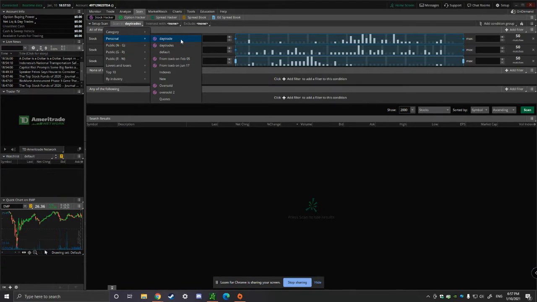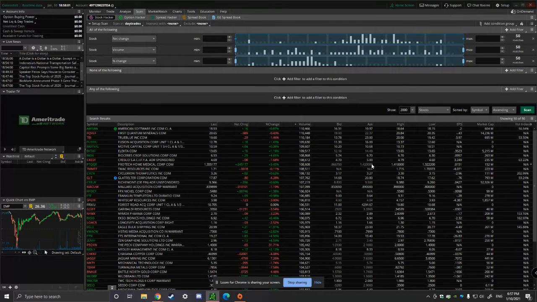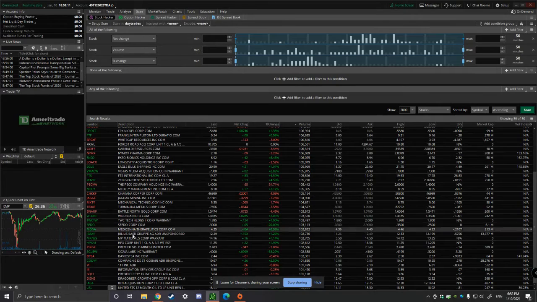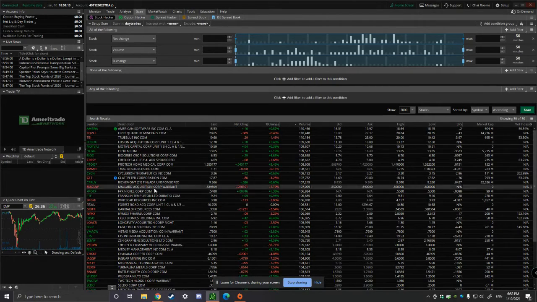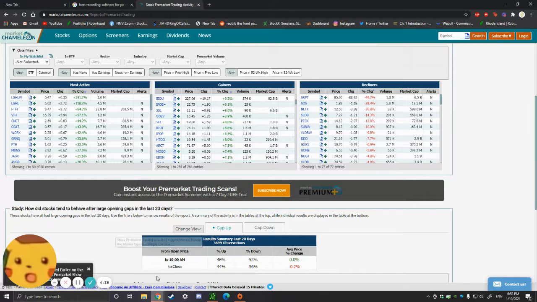You can make your own scanners. I have a couple scanners that I use. I use this one. You can just come over here, click scan, click yes, and it's probably going to take a little bit of time. Oh no, never mind. Look at that. I think I'm scanning for low float stocks or something. I don't know exactly what the scanner is for, but you can look for different stocks that fit your criteria. So yeah, those are the tools that I use in terms of looking for stocks.